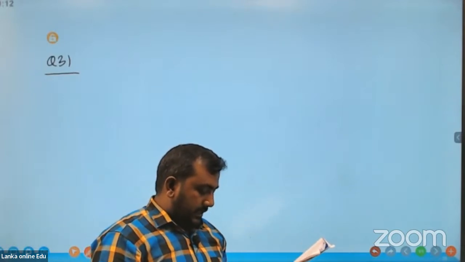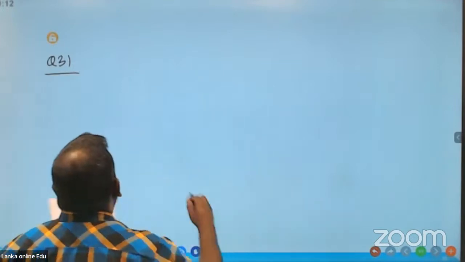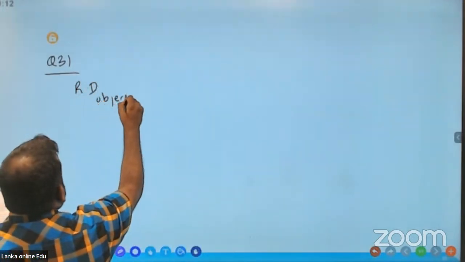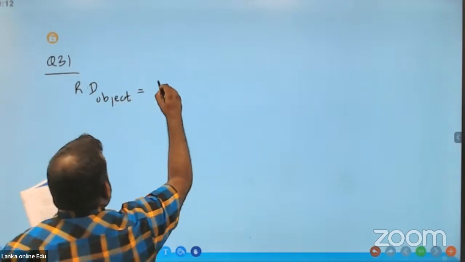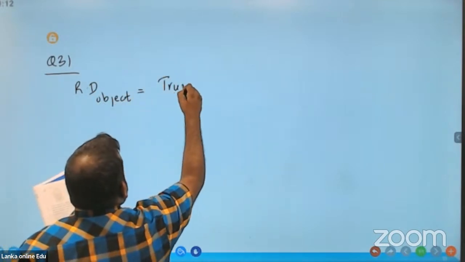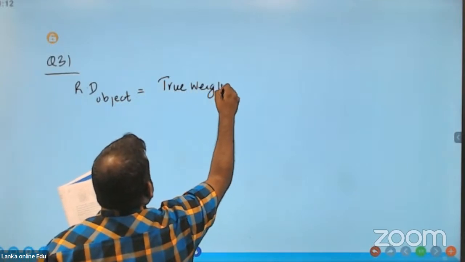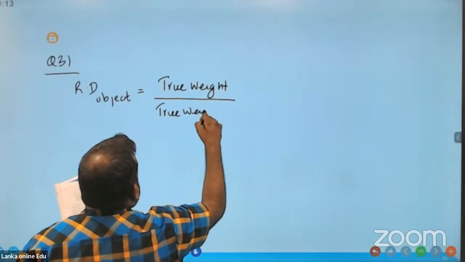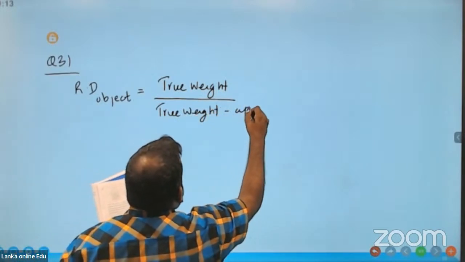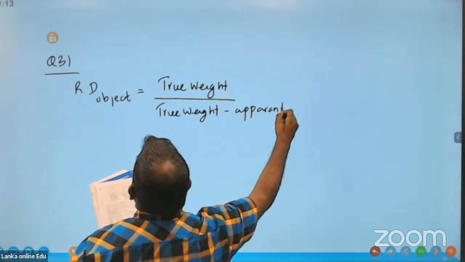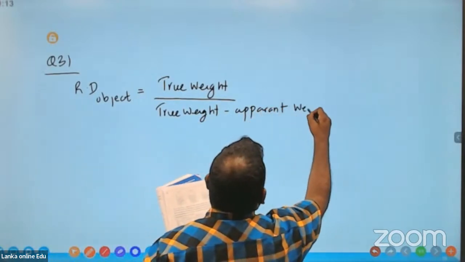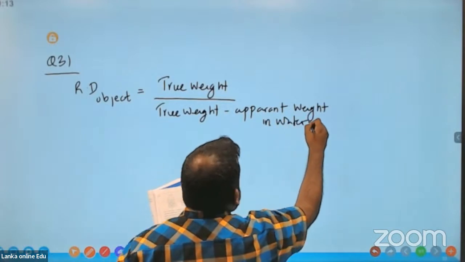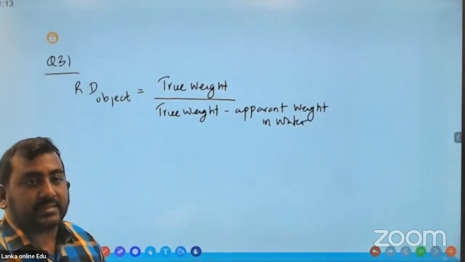The mean density of the material of the crown is, so relative density of the object, we can say 2 weight divided by 2 weight minus apparent weight in water.